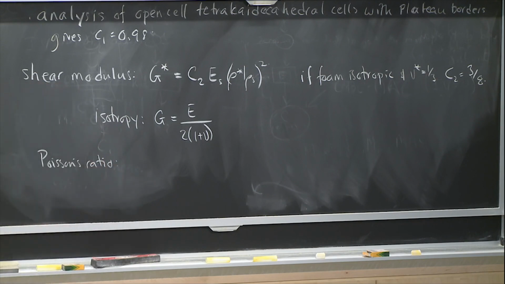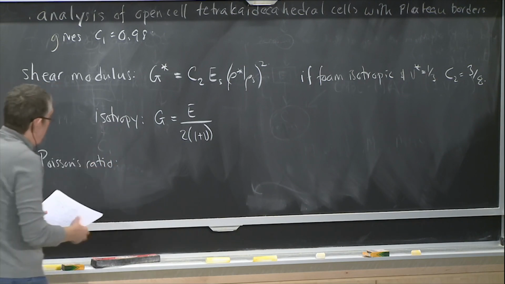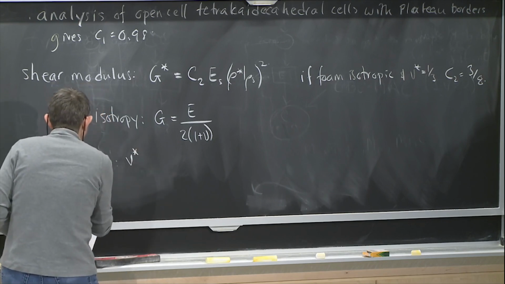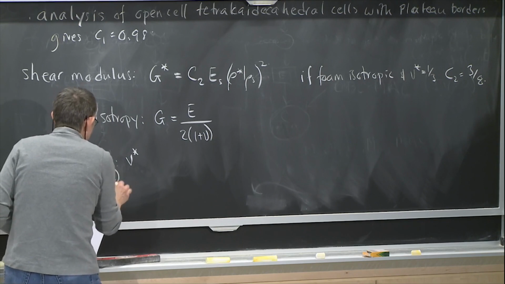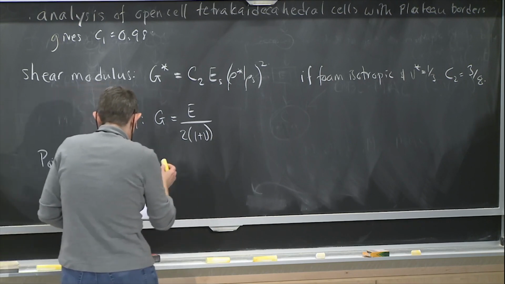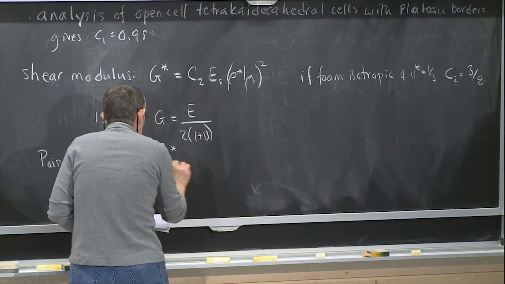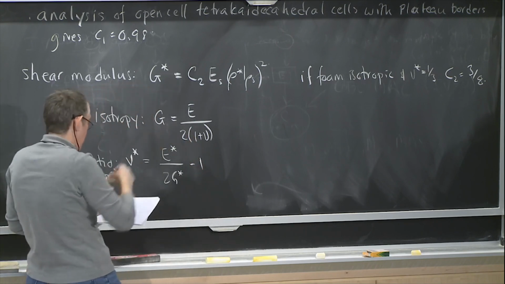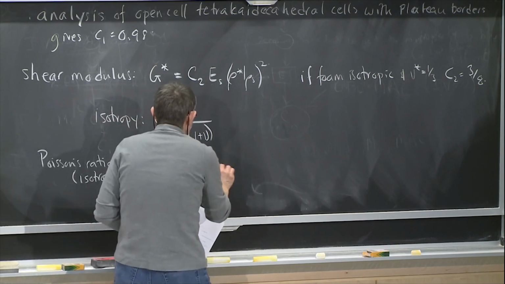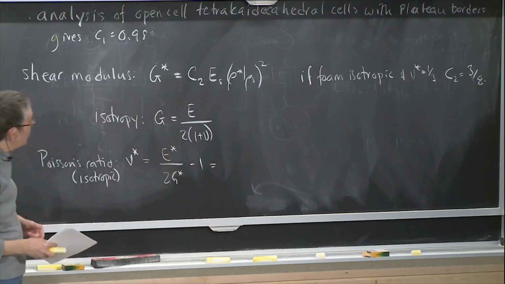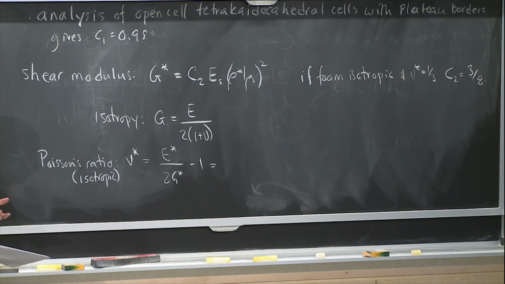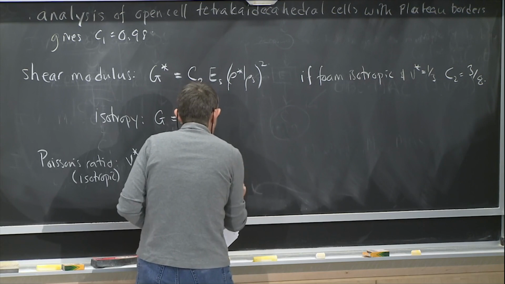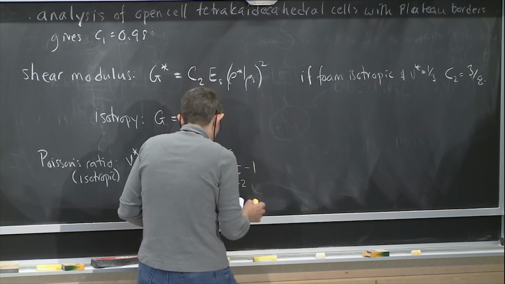And we can also get Poisson's ratio for the foam. For an isotropic foam, nu is equal to E over 2G minus 1. That's just rearranging this expression here. And because E and G both depend on Es times the relative density squared, that's all going to cancel out. So this is going to be equal to C1 over 2C2 minus 1.